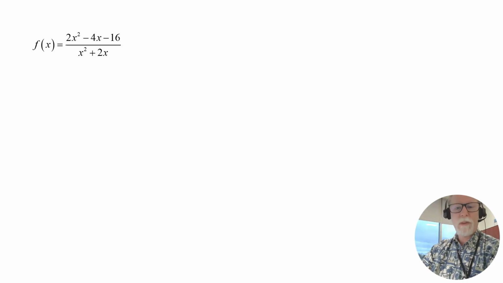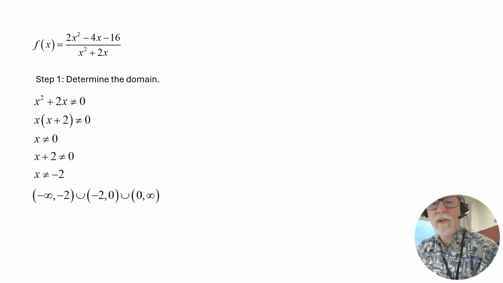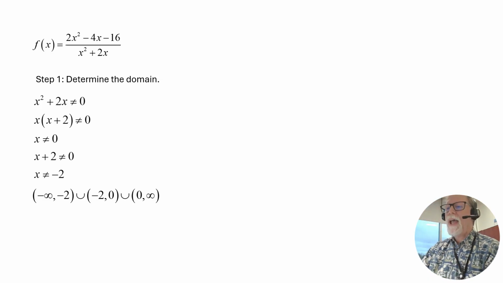All right, so we want to start with domain. Take the denominator, not equal to 0, factor it, etc., etc. So we've got these two specific values that are not in the domain, and those values will either be a hole or a vertical asymptote. So one or the other.